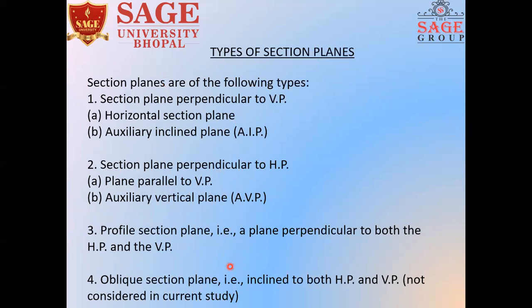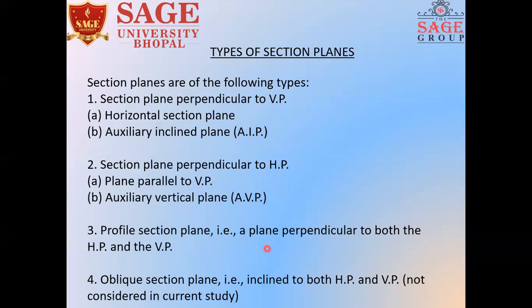Now, this one is the last slide. In this slide, I'm focusing on the types of methods used to draw sections of solids. These are the basic terms which are used, and they help in drawing sections of solids. So section planes are of the following types. Section planes perpendicular to VP: one is the horizontal section plane, and the second is the auxiliary inclined plane.